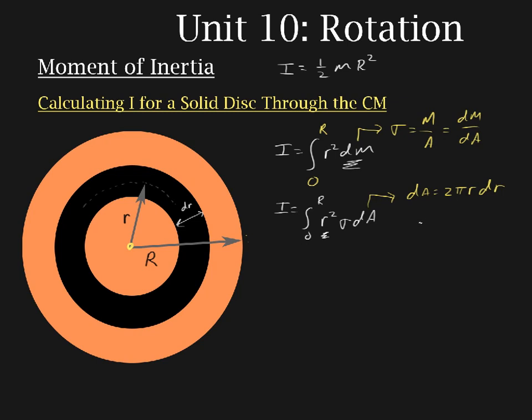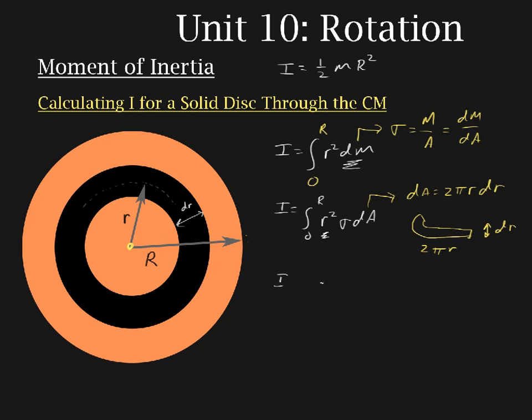So we go from a circular ring to something that looks like this if we lay it out flat. It would have a thickness of dr, and the length of that would just be 2 pi r, or the circumference of a circle. So 2 pi r times dr gives us dA.